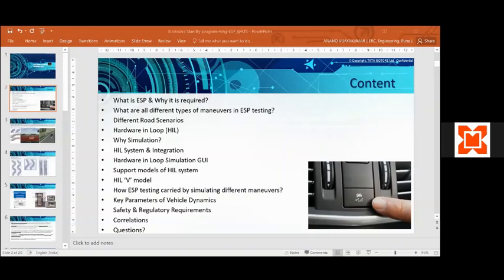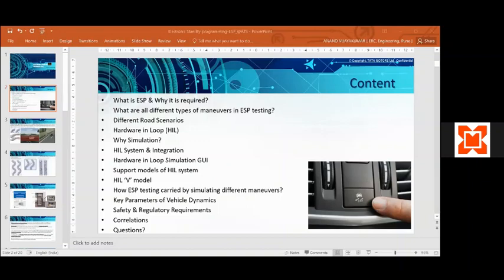I'm going to speak about the ESP, the types of maneuvers for which ESP is required, the road scenarios, and how to validate through a hardware-in-the-loop system, the integrations of the hardware-in-the-loop system and its software, the graphical user interfaces and support models, and the process of validation of ESP, as well as the different types of validation methodologies, the key parameters of vehicle dynamics that need to be monitored, the safety and regulatory requirements that govern the necessity of ESP, and the results correlation between simulation and actual, how closely they correlate, and how it is beneficial for developing an electronic stability program controller.